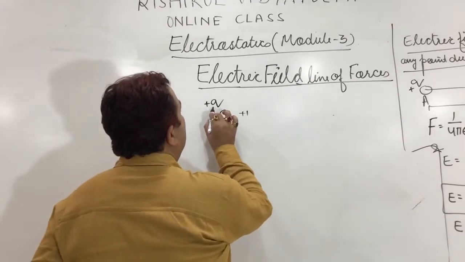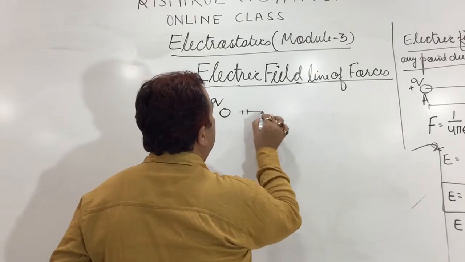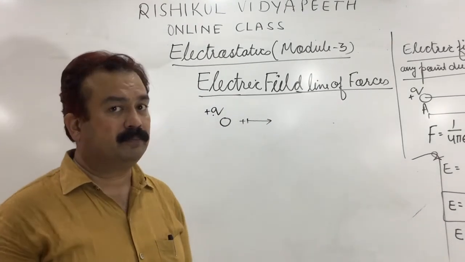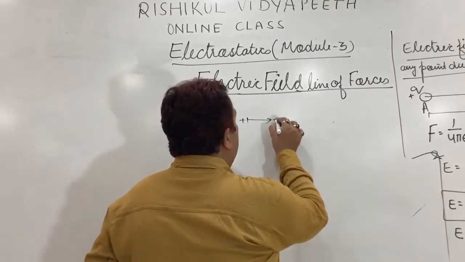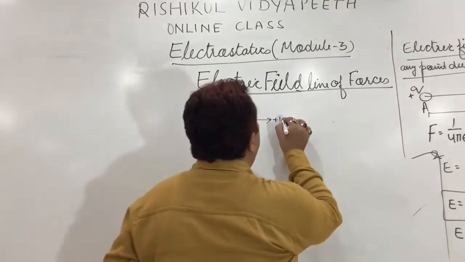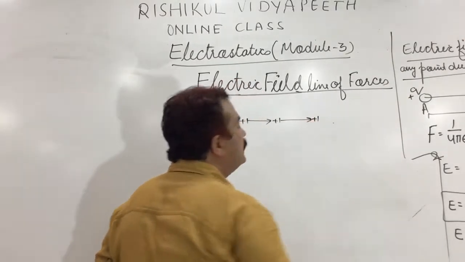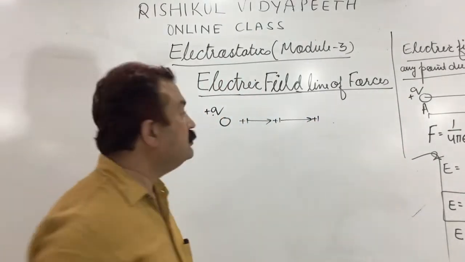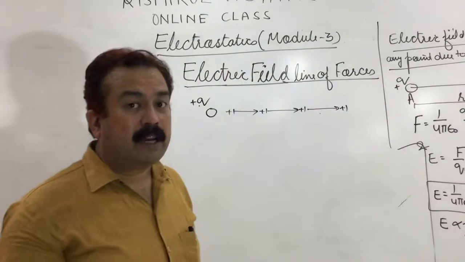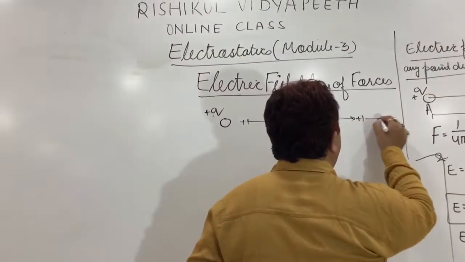Due to the positive charge, this charge will move away, meaning it will experience repulsive force. It will reach here, then again it will experience repulsive force and reach here, and again it will reach here.